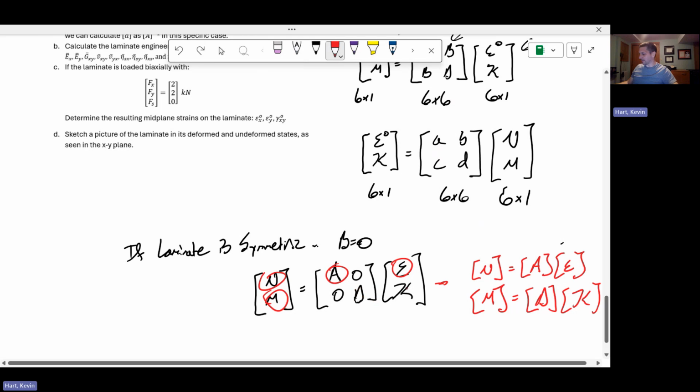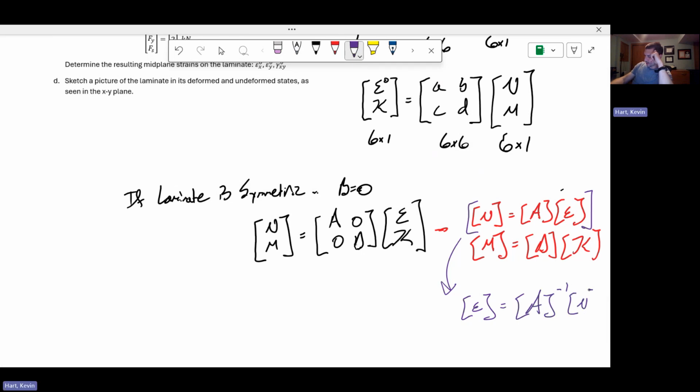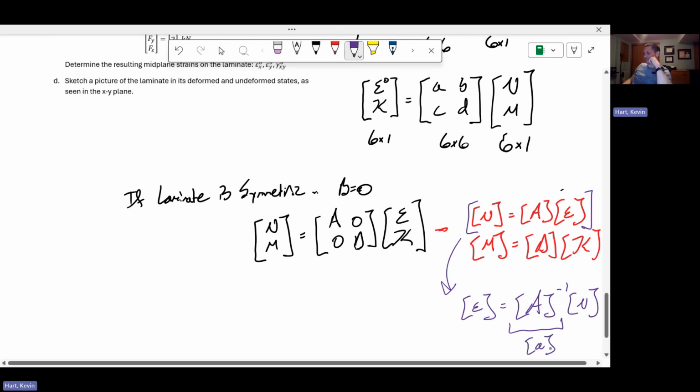And that's what you have here. So in these specific instances, you get an equation which does have a natural inversion, which is that epsilon is A inverse times N. And in this case, we just call this little a, which happens to be the inversion of capital A, only in the case where the laminate is symmetric, because you don't have the full 6x6 matrix to invert.